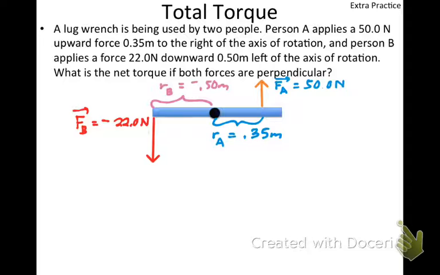What is torque defined by? Torque is represented by this symbol right here, tau. That's going to be our representation for torque. It is defined by the force times the radius, sometimes interchangeably called distance as well, times sine of the angle.